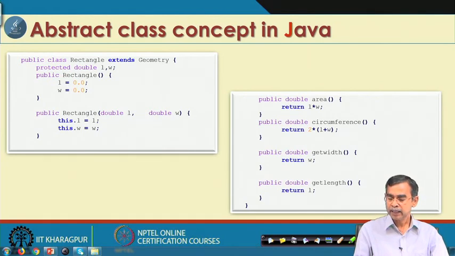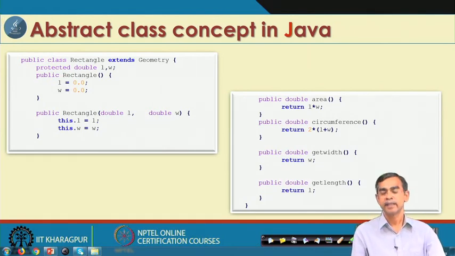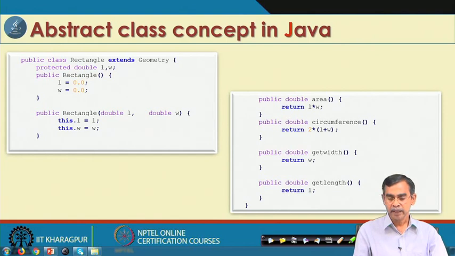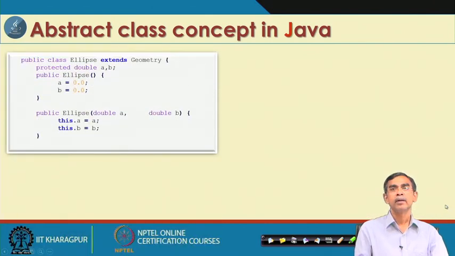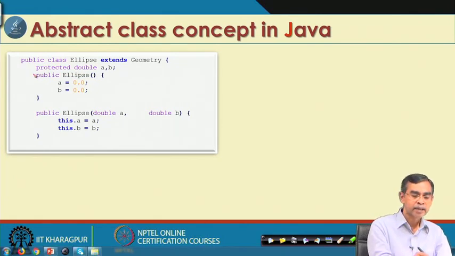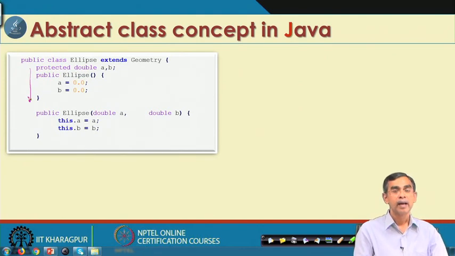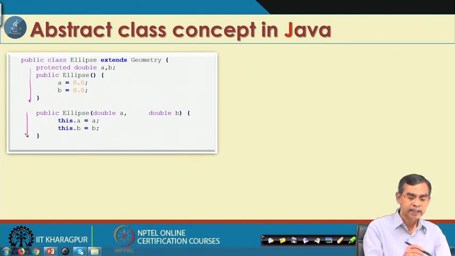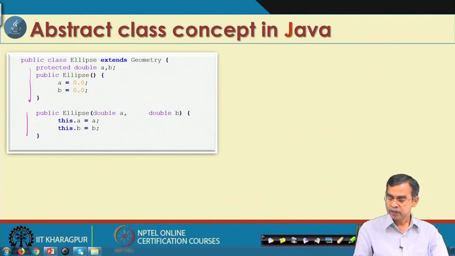So, this completes the declaration of the class rectangle, which is an inheritance of the class geometry. Now, our next class in the example is the ellipse. We again derive the ellipse class, inheriting from geometry. It has methods like this, and it has another constructor. There are a few more things here as well.